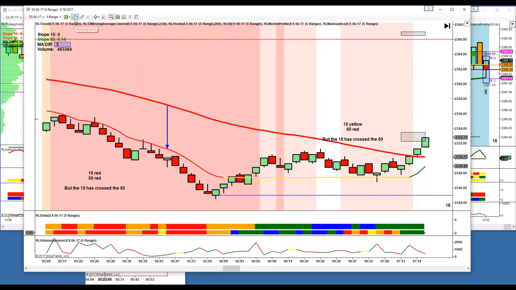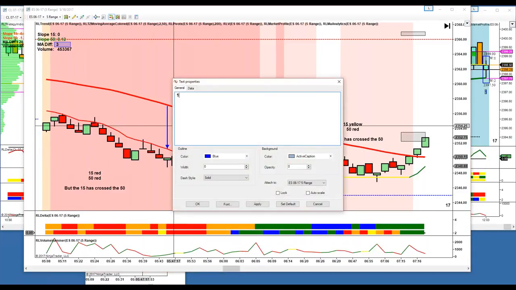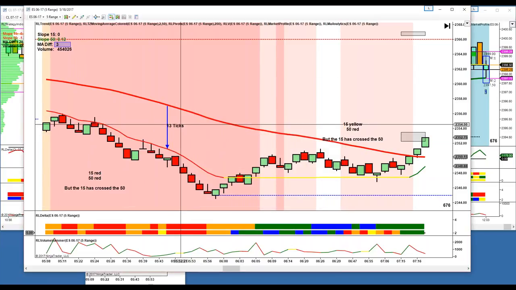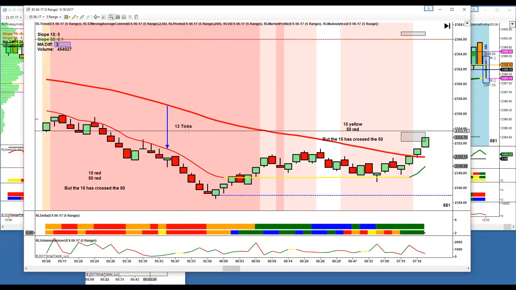Now, optimally on a 13 range, we want this to be 13 ticks. It doesn't mean you can't trade it at 15 or 16. All it's telling you is the optimal trades are going to occur when the distance between the 50 and the 15, both to the long side and the short side, is 13 ticks.